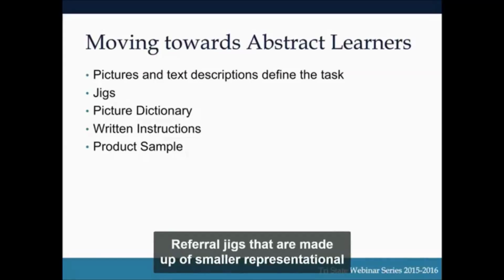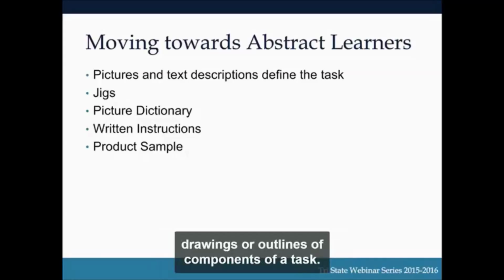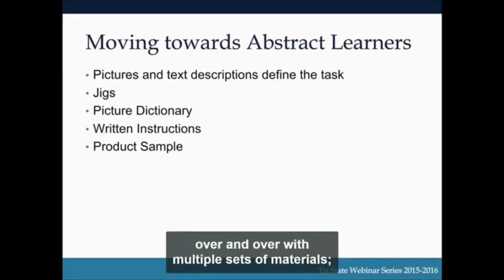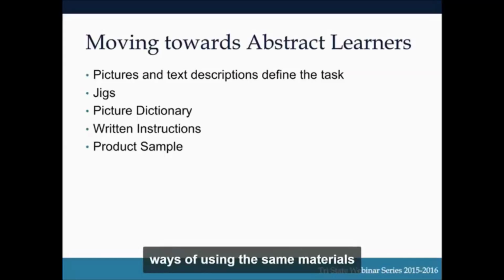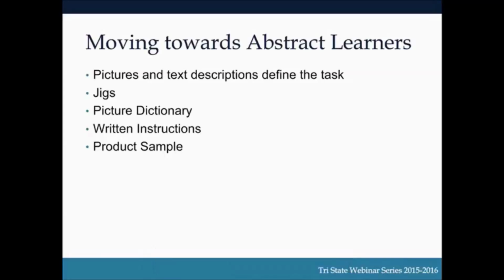Referral jigs are made up of smaller representational drawings or outlines of components of a task. Repetitive jigs intend that the same jig be used over and over with multiple sets of materials, and variable jigs show different ways of using the same materials in 2 to 3 combinations.